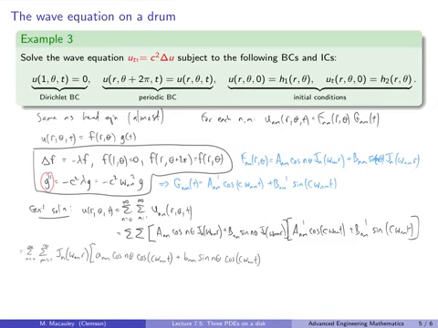And now I have 2 more. So I have a cosine times a sine. Let me call that term a_nm prime times cosine of n theta times sine of c omega_nm t.